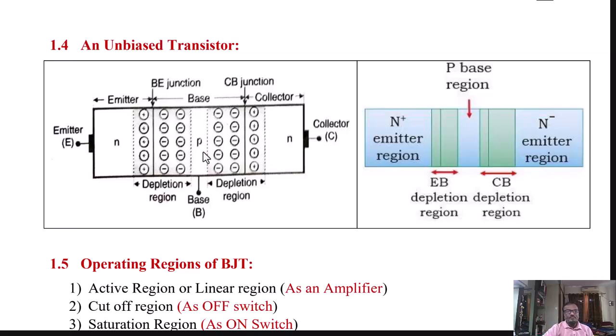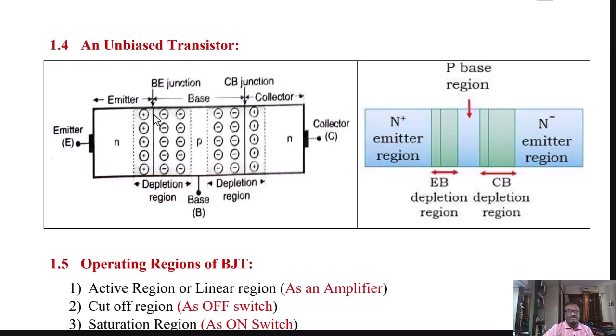Similarly, from base, holes are diffused to emitter, which leaves behind the N type of immobile ion on the base side. And therefore, it forms a potential difference and electric field created by immobile charges. There is no free charge available in this region, and therefore it is also called depletion region, as we have seen in PN junction theory.